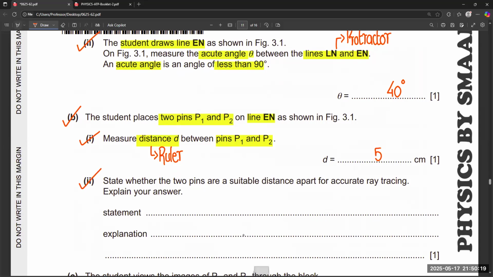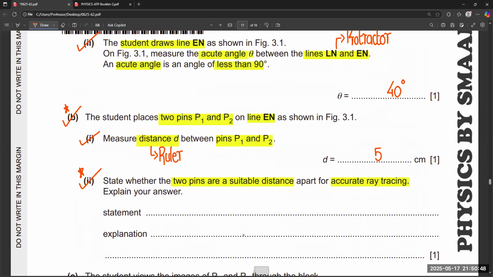Second part: state whether the two pins are at a suitable distance apart for accurate ray tracing. Explain your answer. This is also a repeated concept. I already shared a solved question in the group. In that question, you will also get the same type of part in the screenshots because it is related to the pins.